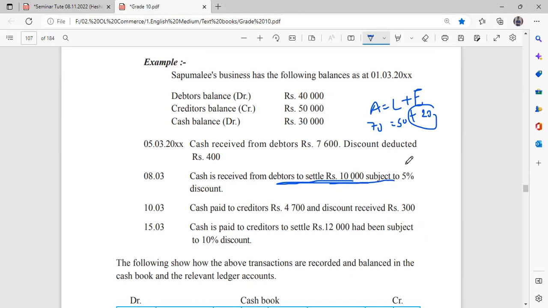So you need to deduct 5% from 10,000. 10,000 into 5% means 500. So you deduct 500 from 10,000, which means they paid only 9,500, because we allowed the discount of 500.